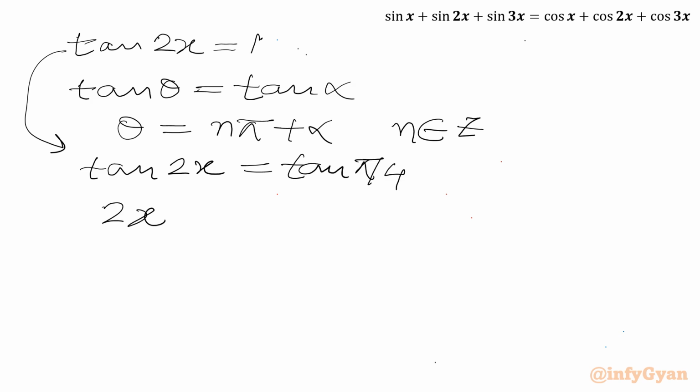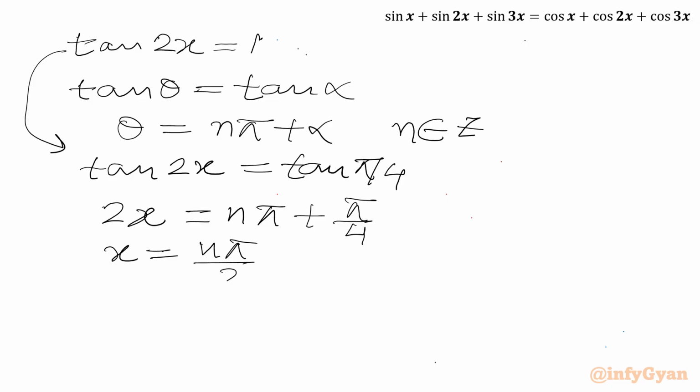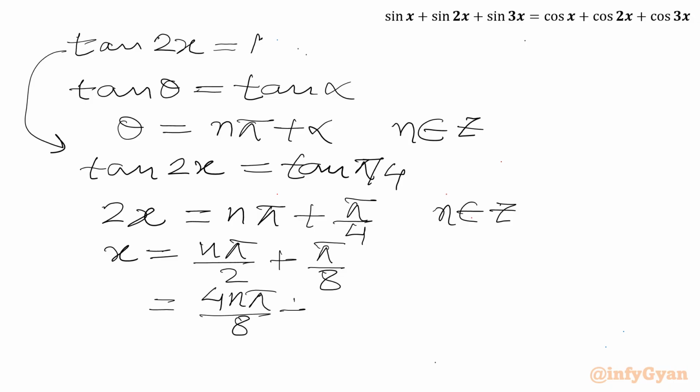Using the general formula, 2x will be equal to n pi plus pi by 4. If I divide this equation by 2, then it will be n pi over 2 plus pi over 8, where n belongs to integer. Now I can write it as 4n pi over 8 plus pi over 8, or pi over 8 common, 4n plus 1.